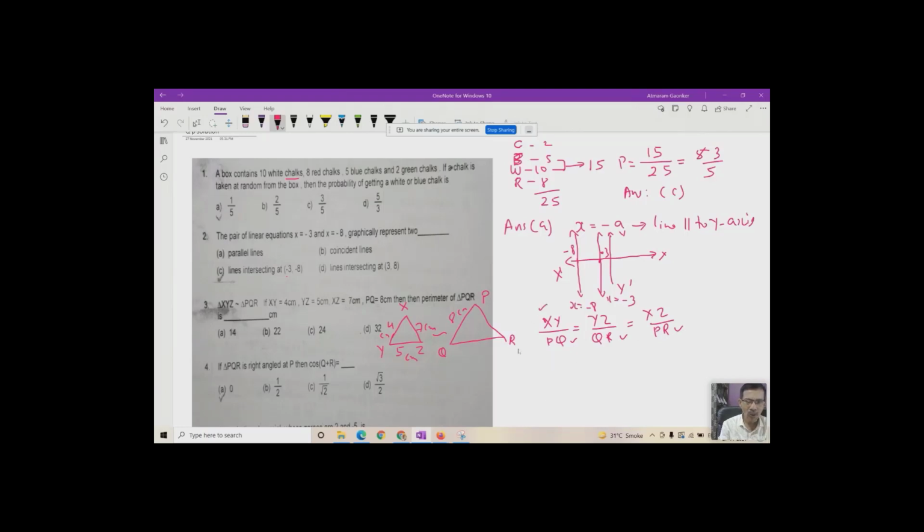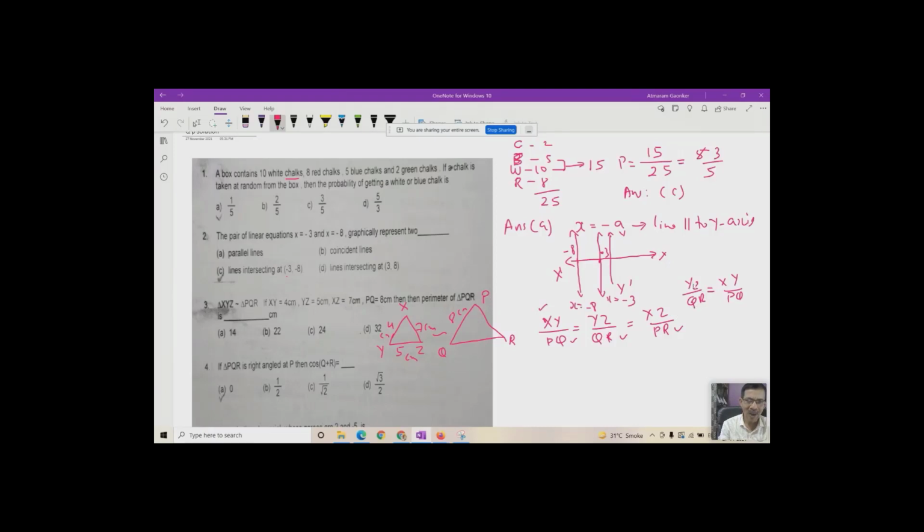So what you can do, first write this YZ upon QR is equal to XY upon PQ. Here QR is required to be found out.